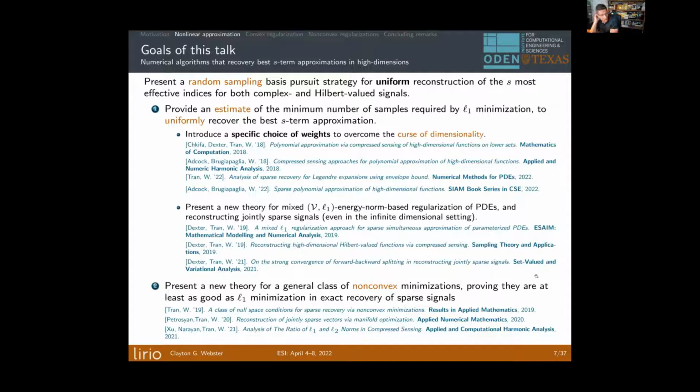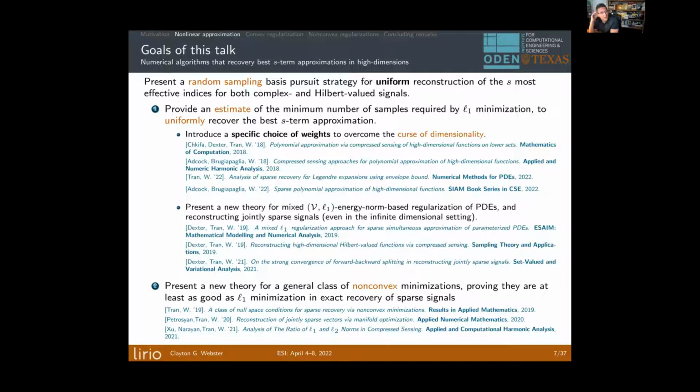Okay, so obviously over the past, say, 4 years, we've been working quite a lot in this area with various collaborators. So what I'm going to do today, and I'm just pointing out the papers in case you're interested, is focus on a completely random sampling strategy.